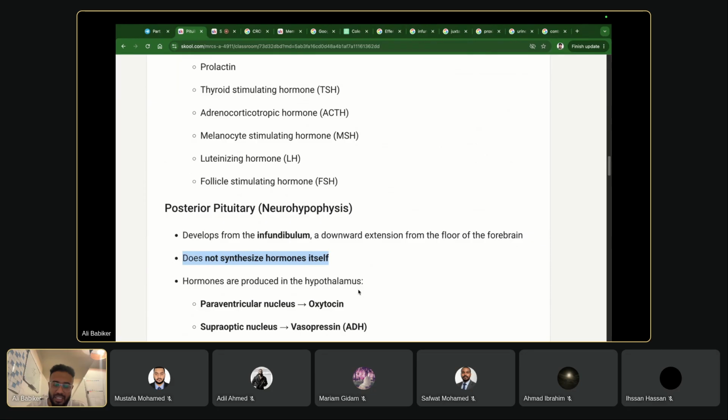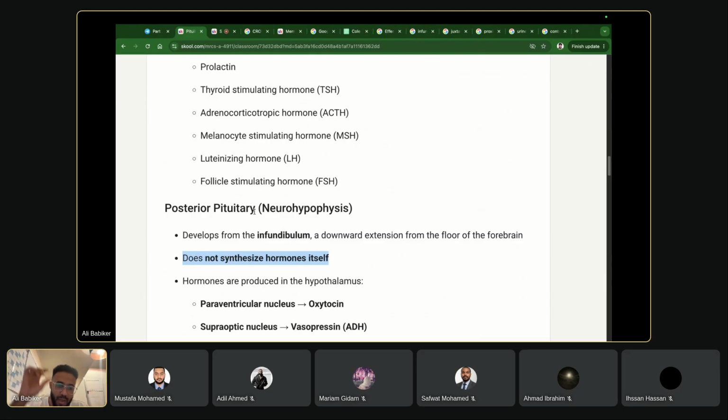So in your exam in MRCS Part A, there may be a true or false question. They may ask you which of the following sentences are right or false. If they say oxytocin is produced by the posterior pituitary, that's wrong. It's stored in the posterior pituitary.